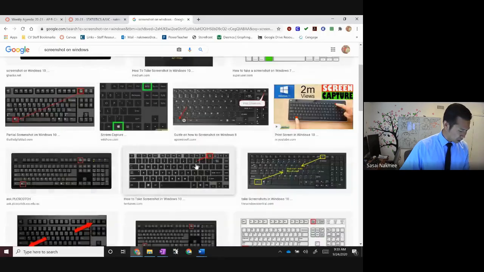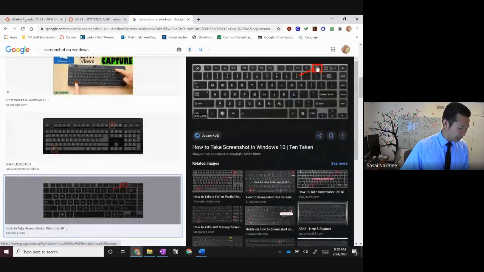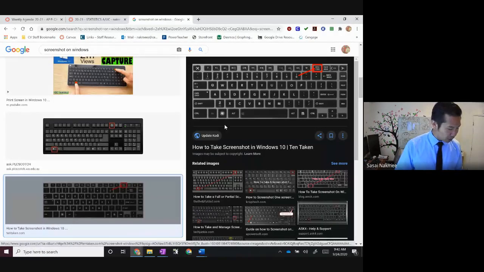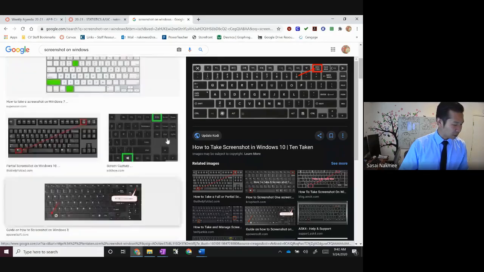They have a print screen button, but I'd rather you not do that, since that just prints the whole screen. If you just want a selection, you press the Windows key, Shift, and S, and the screen will go dark and allow you to select where you want to capture.